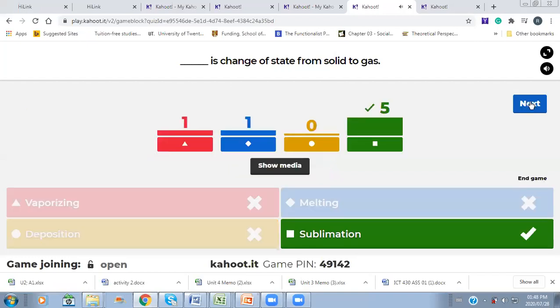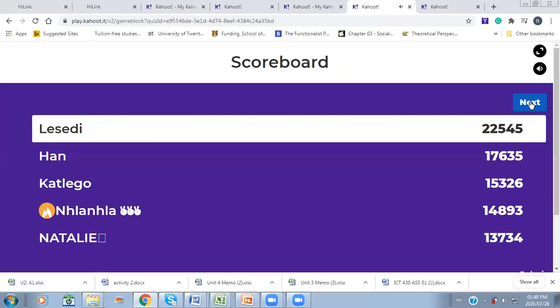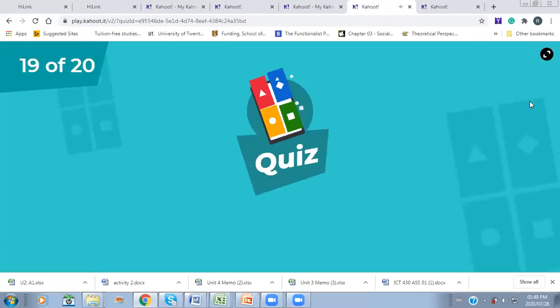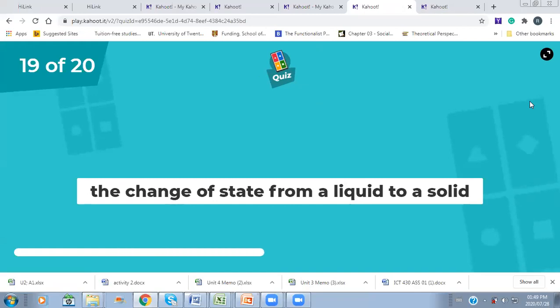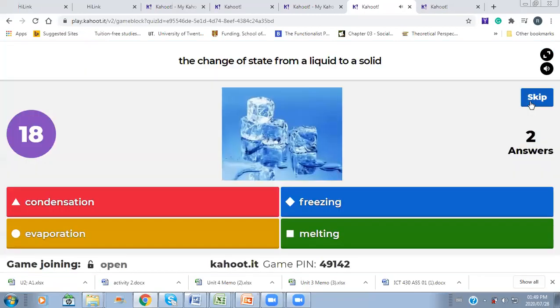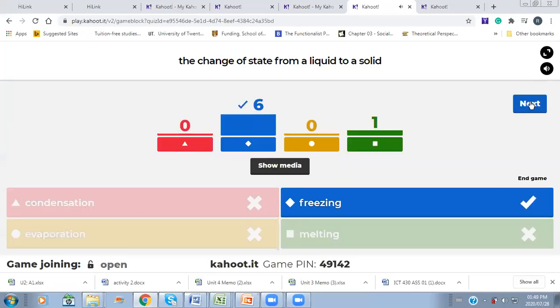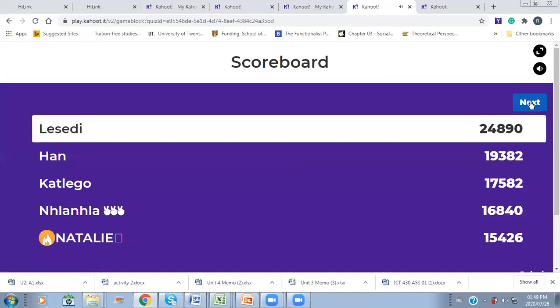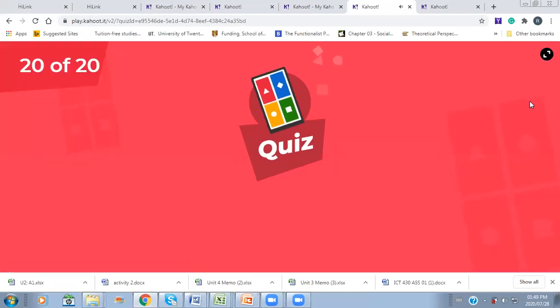Let's get going. All right. Let's go. 19. Change of state from a liquid to a solid. Reason, that's correct. Let's go. Last one.